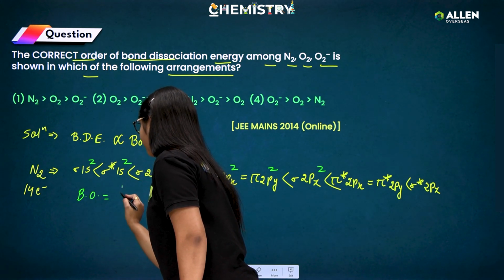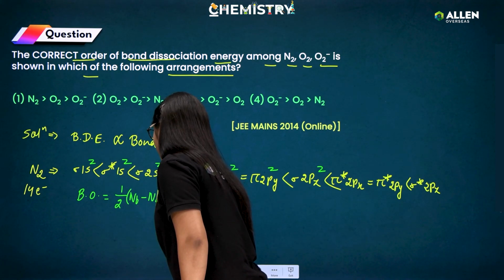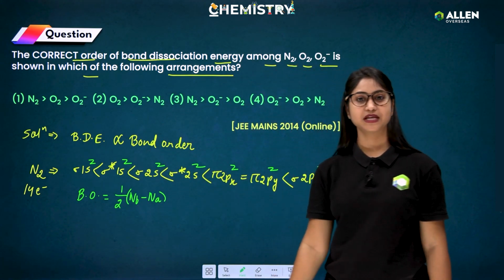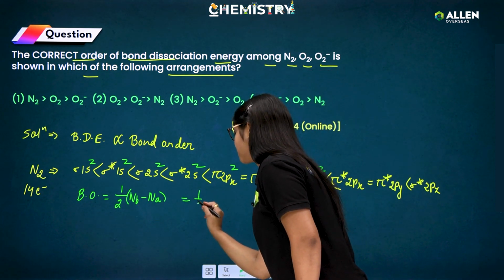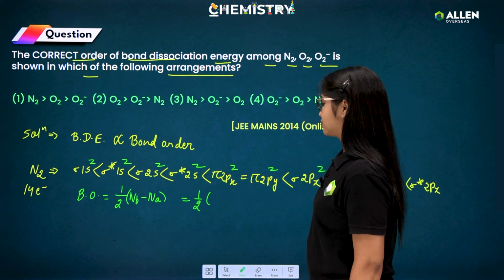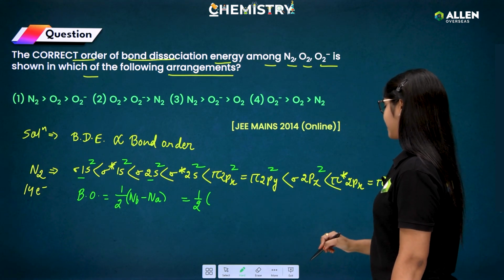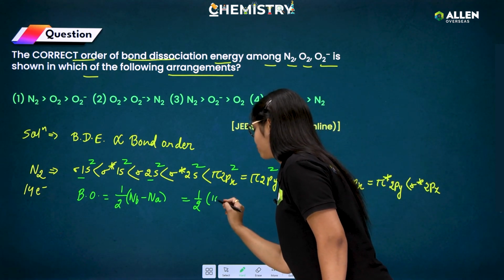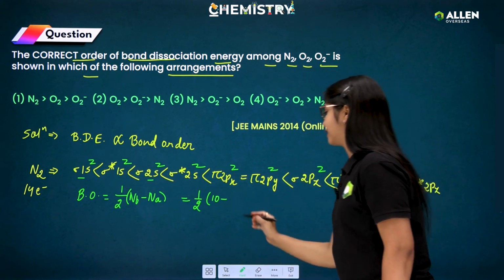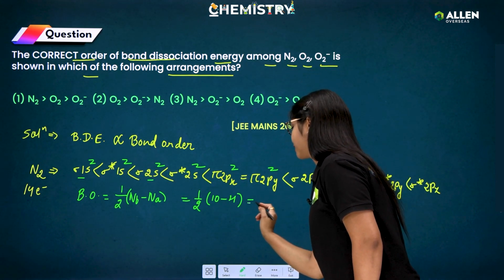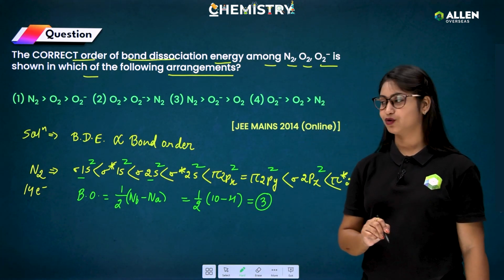Bond order is 1/2 (Nb minus Na), where Nb minus Na means the number of bonding electrons minus the number of anti-bonding electrons. How many bonding electrons do we have? 2 plus 2 is 4, 4 plus 4 is 8, plus 2 is 10. So we have 10 bonding electrons minus anti-bonding: 2 and 2, 4. So only 4 anti-bonding electrons are there. It will be 6/2, that is 3. So the bond order of N2 is 3, right?